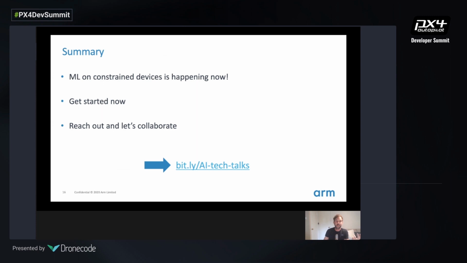I'd be really curious to understand the different places where you think you could utilize this type of machine learning, and really reach out and let's collaborate. I'm excited by what's possible, and I'm really excited to hear from you what you have in mind and what kind of stuff you think could be done with this type of technology.